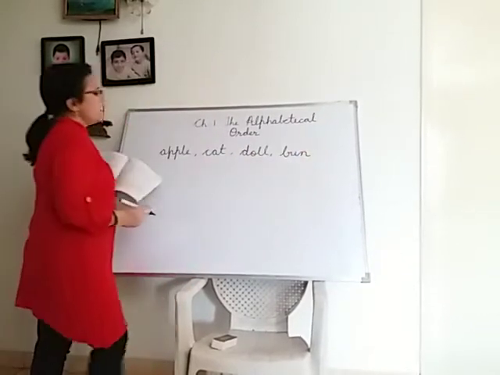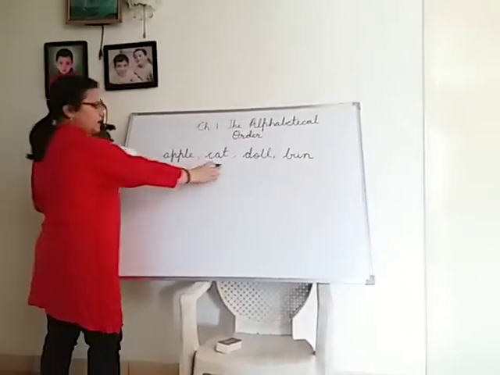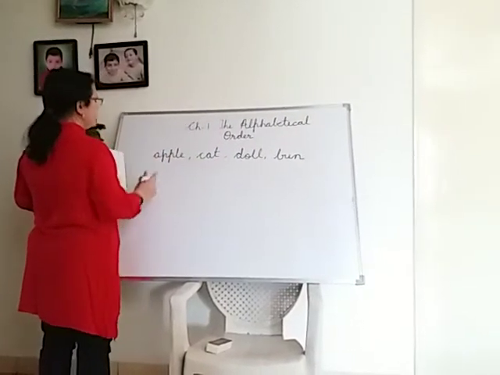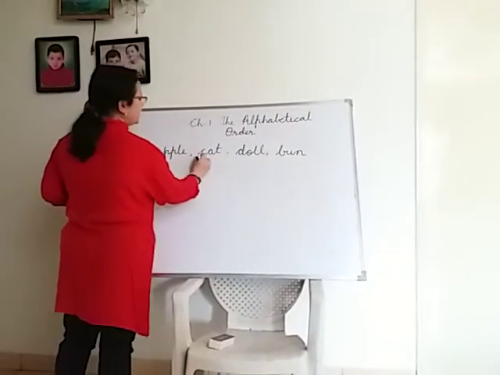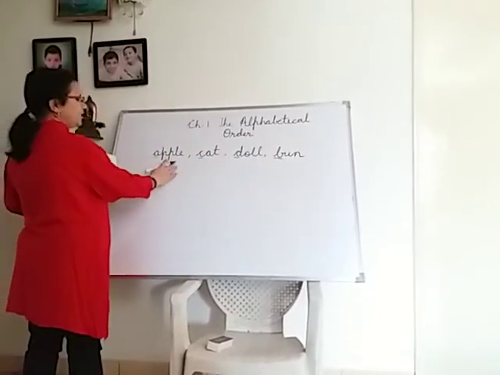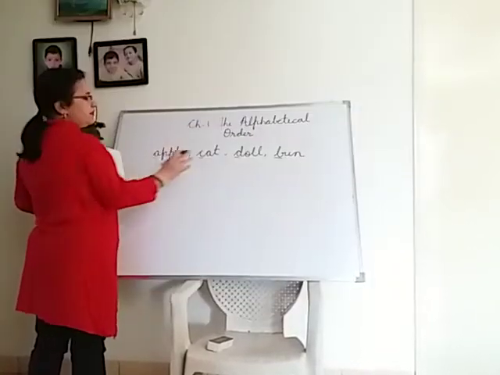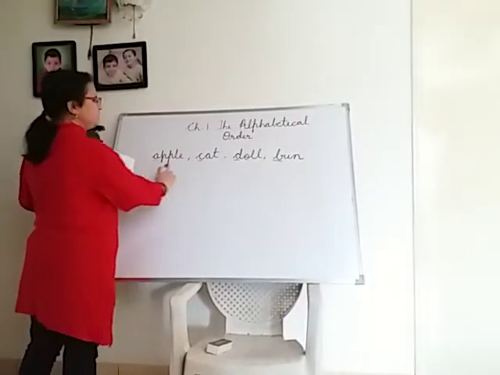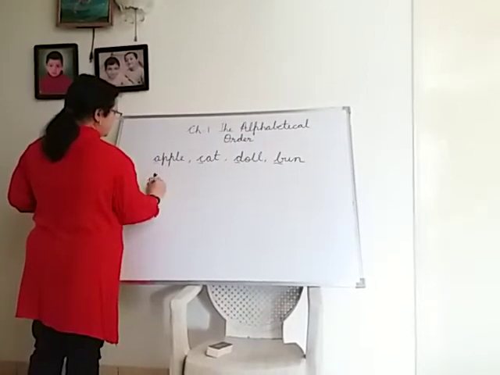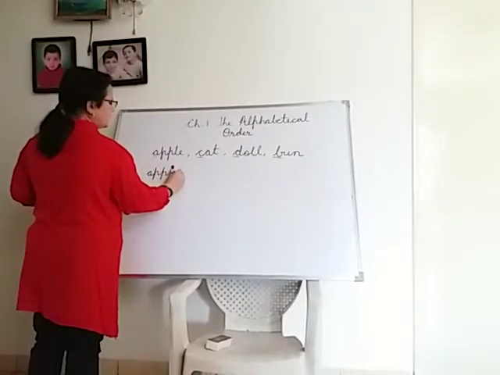Now are these words in alphabetical order? No. Now, how to arrange these words in alphabetical order? We will look at the first letter of the word and arrange them alphabetically. Here, the first letter of the word is A. So, which word starts with A? Apple. So, if we arrange them alphabetically, we will first write apple.